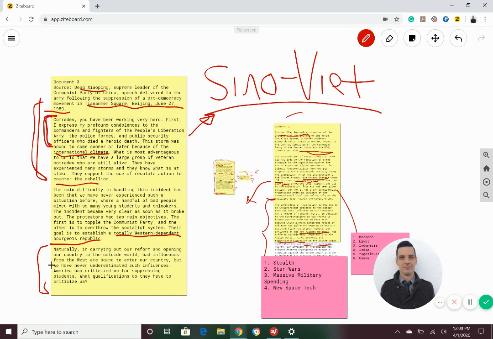So what he's saying here is that Tiananmen Square is a big deal because it is the West putting pressure on their Soviet utopian system. And so since they are communists, the world is after them and they hate them. So essentially, does the conflict within China relate to the ideological shift? The answer is yes.